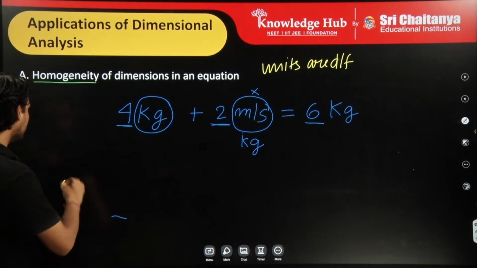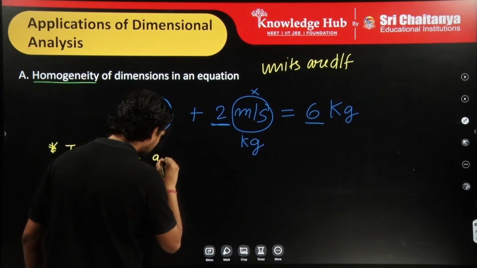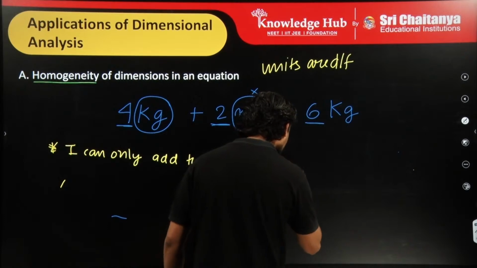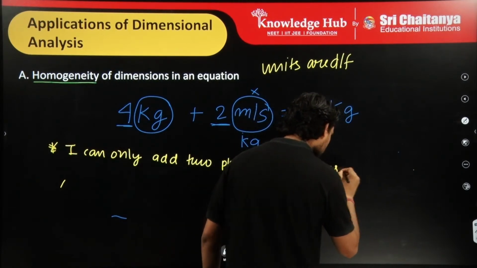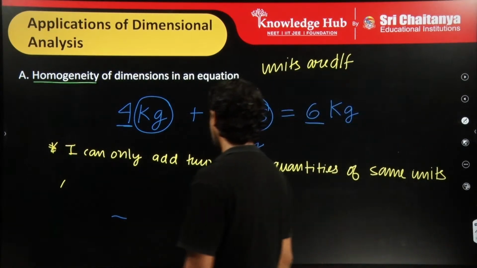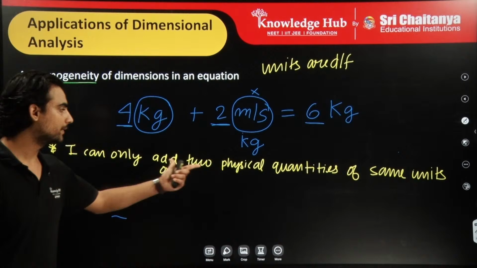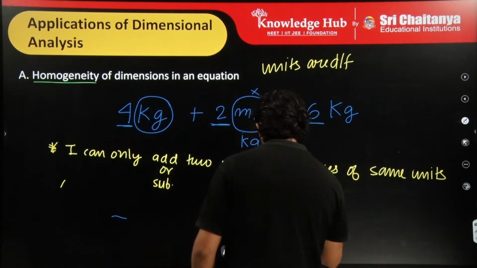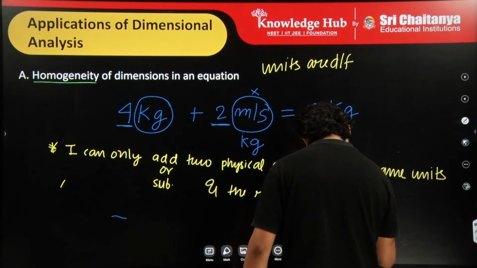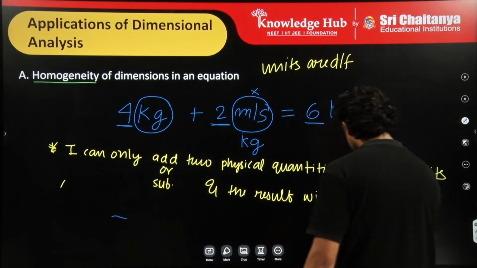This means that I can only add or subtract two physical quantities of the same units, and the result will also have the same units.